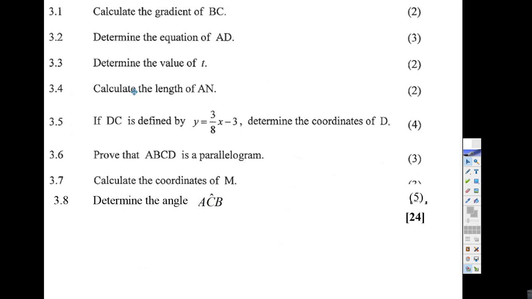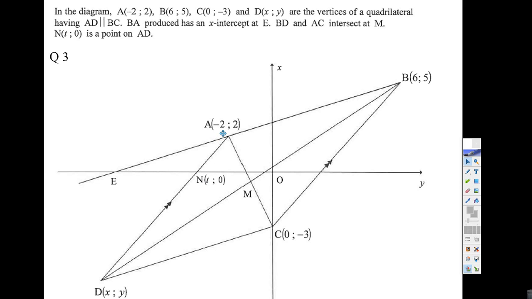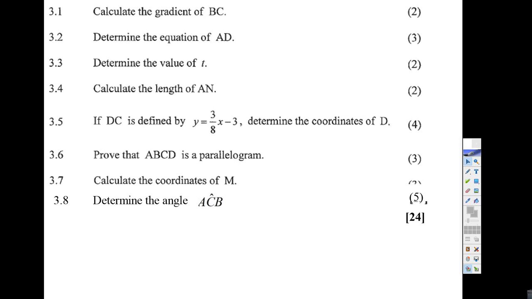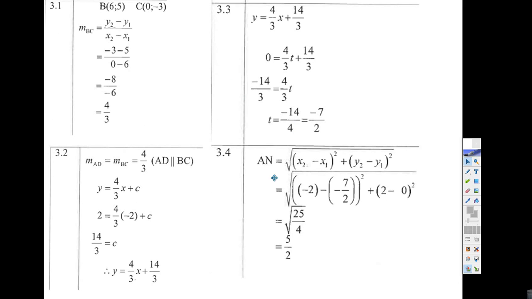And the last question says, calculate the length of AN. Let's take a look at A to N. Well, now we know what t was. It was minus 7 over 2. All we do is put that in the distance formula. We go minus 2 minus minus 7 over 2, because that's the point t, and the change in y is 2 minus 0.